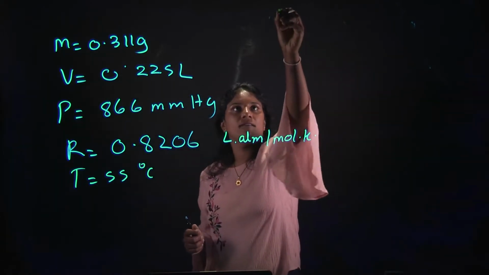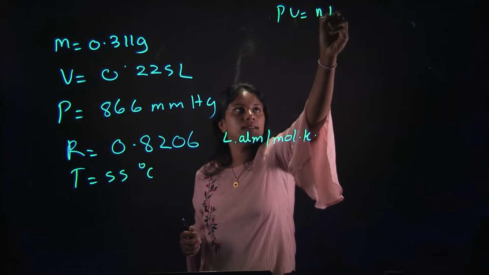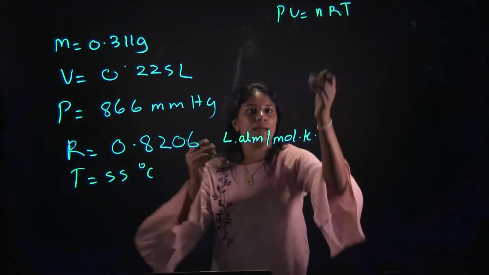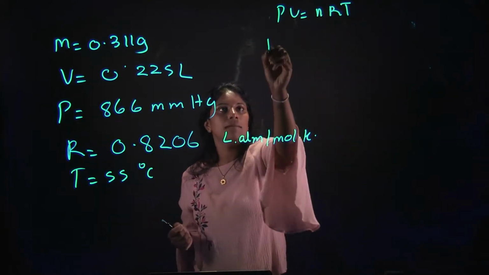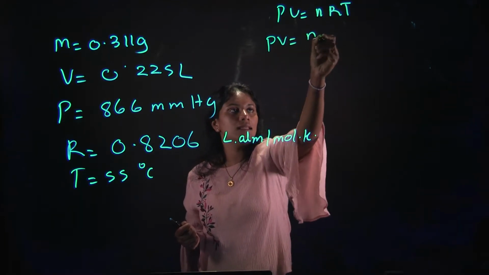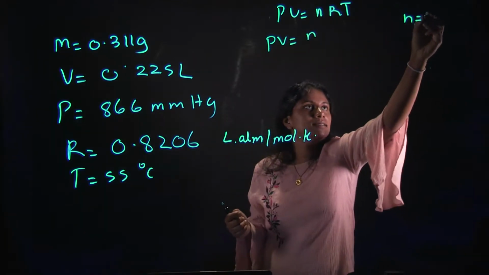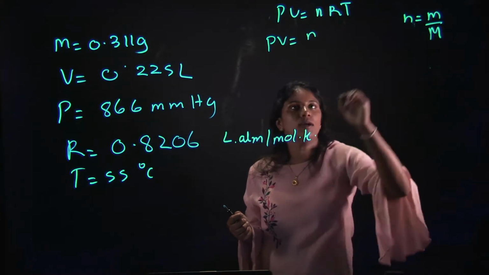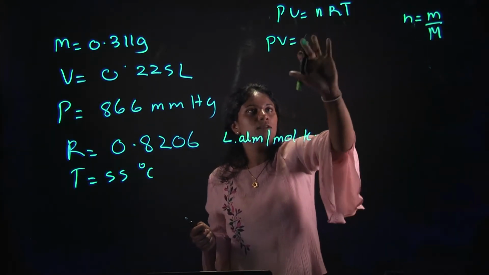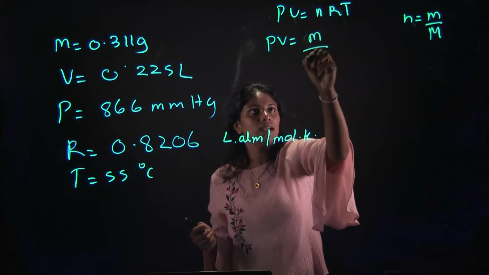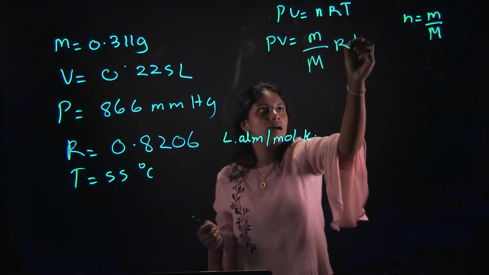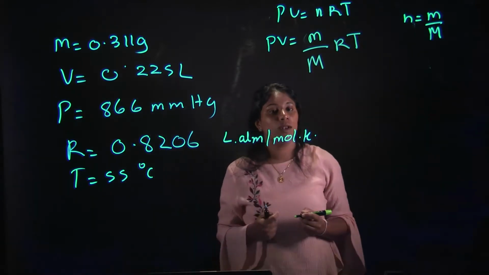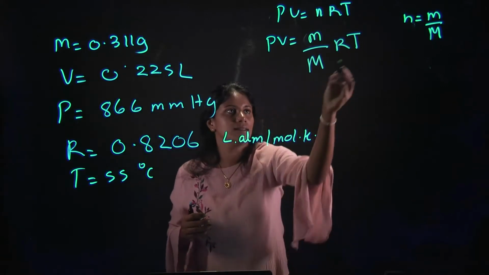So these are the data given in the question asking for molar mass. If you write the ideal gas equation, PV equals nRT, molar mass can fit into this equation. n equals the given mass divided by molar mass, right? So instead of n, you can write mass divided by molar mass, times RT. Now you have to find molar mass, so you isolate it.